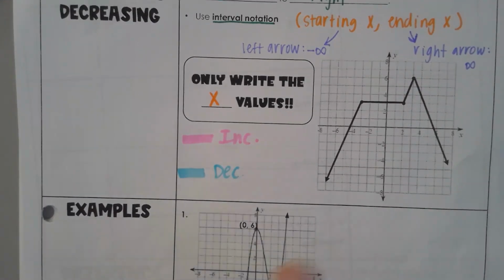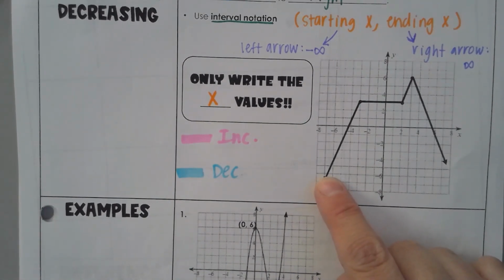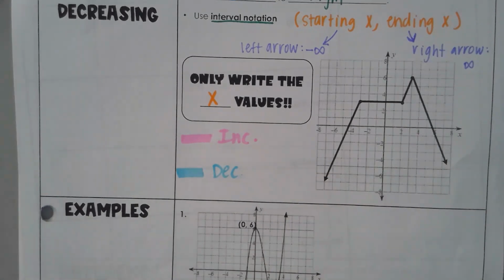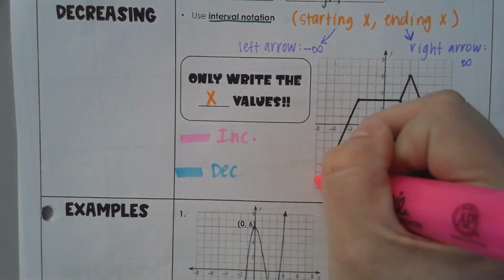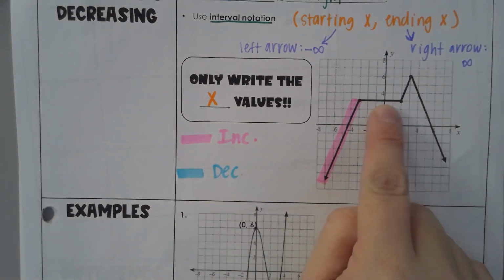So if I start out on the far left and I trace the graph, am I increasing or decreasing? Increasing. So this would be an increasing interval, that section where I increase. What about right here?